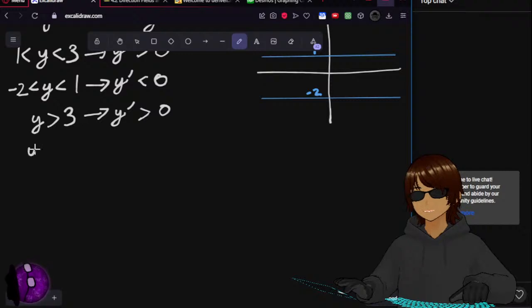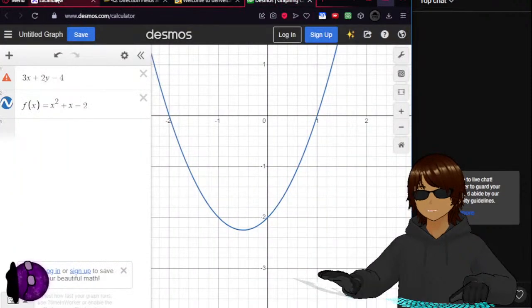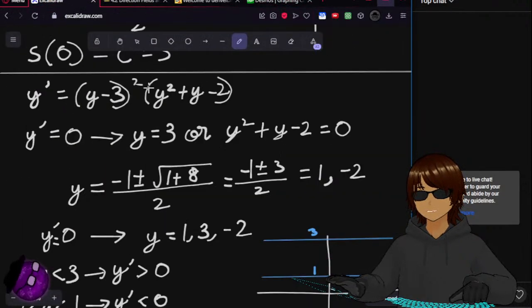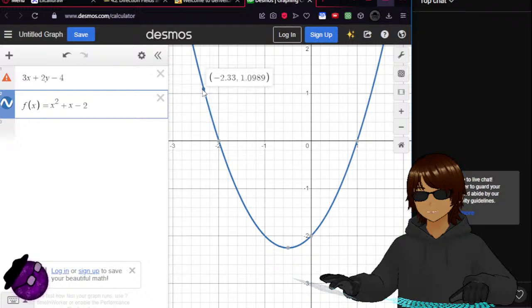It's below negative 2, and the derivative will still be positive, because this is going to be positive and this is going to be positive. As you can see here, the graph is positive.